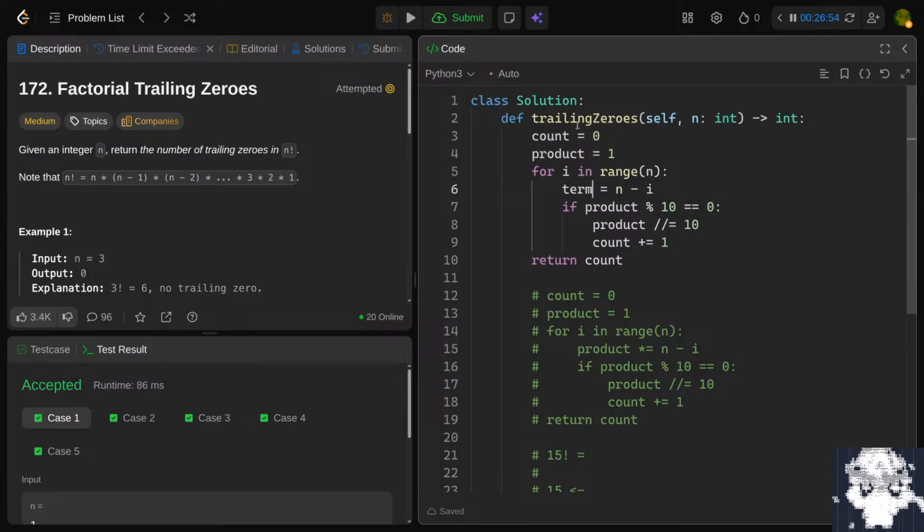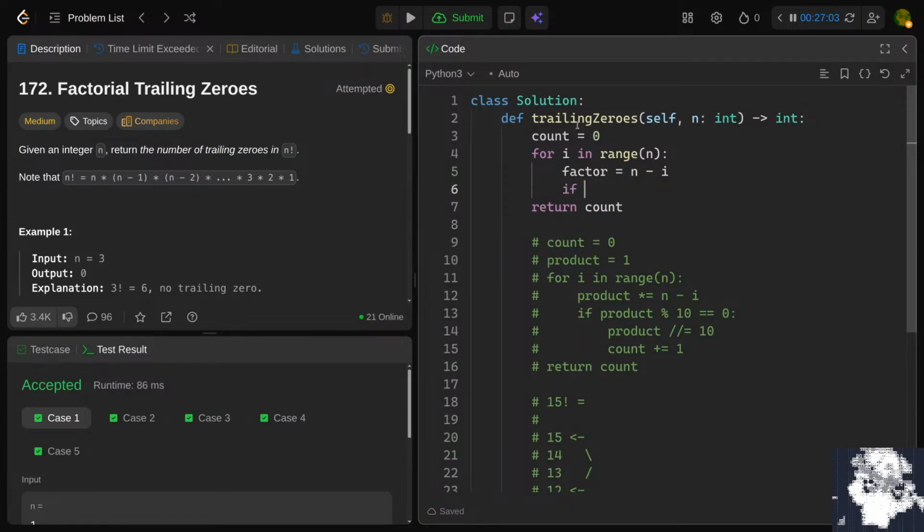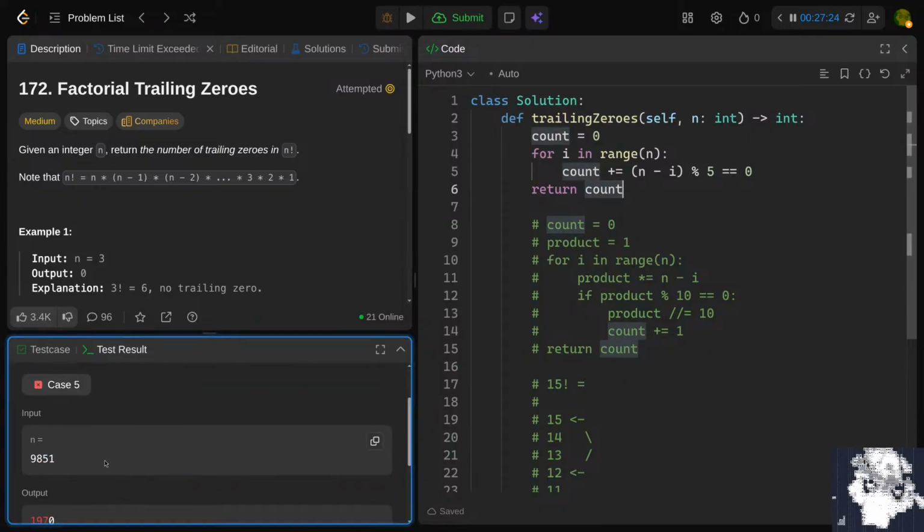Term. Factor. We don't need the full product. We just want to know, another way to say ends with 0 or 5 is that mod 5 equals 0. So count plus equals that. Does that give the same answer?